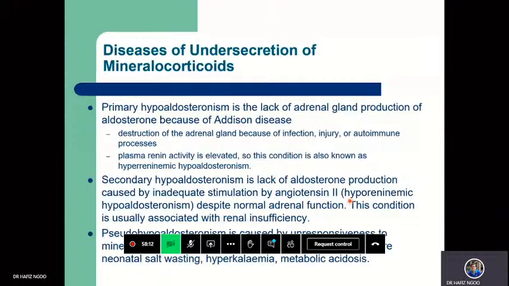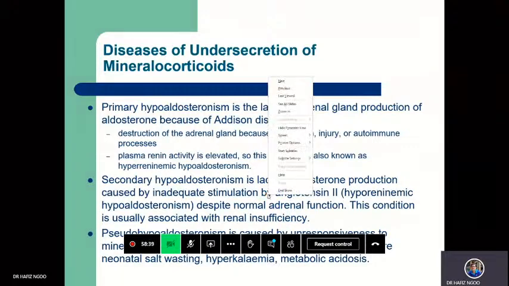So it's also known as hyporeninemic hypoaldosteronism. That means there's low renin and also low aldosterone being produced. And then the third one, you have pseudo-hypoaldosteronism, caused by unresponsiveness to mineralocorticoid action, characterized by severe salt wasting, hyperkalemia and metabolic acidosis. Okay, so you have under and over.